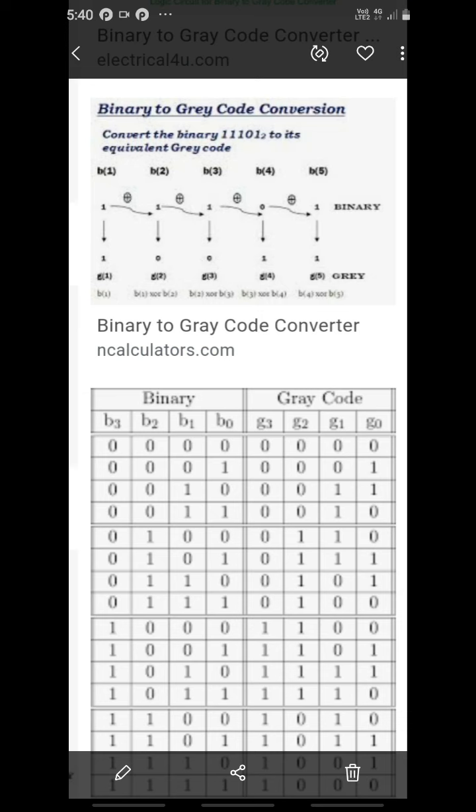So 1010 is the answer. We take finally 1111. So 1 is as it is, and this MSB is added to the next bit: 1 plus 1 is 0, 1 plus 1 is 0, 1 plus 1 is 0. So this is about the gray to binary and binary to gray code conversions. Thank you.